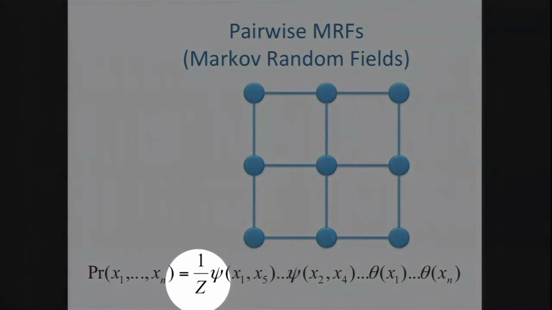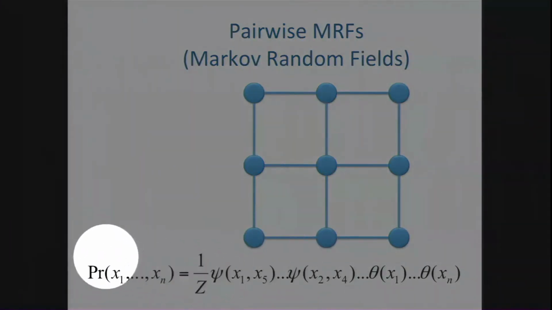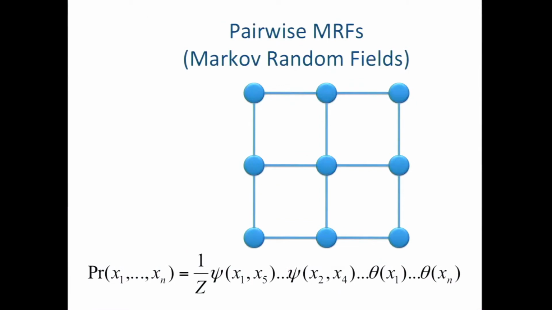This Z is the normalization constant, a very important number. It's called the partition function. You can write it by taking this product and summing it over all possible values of the x's, correct? That's the partition function. We're going to come to it. So this is the distribution induced by that. Straightforward. Everything else is the same.